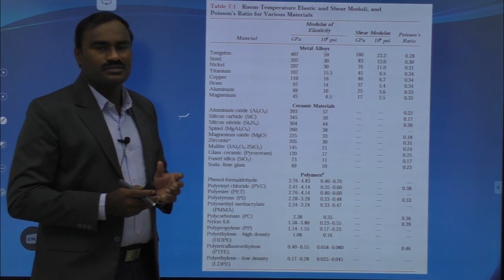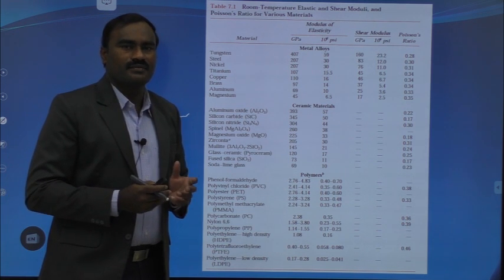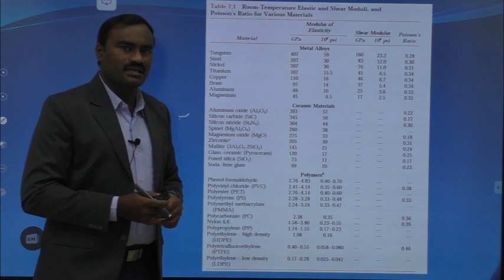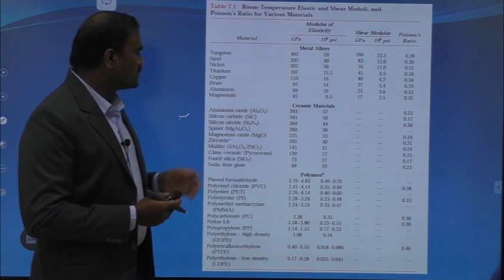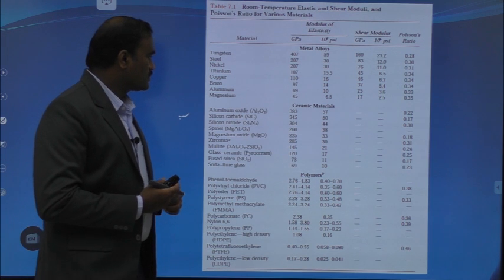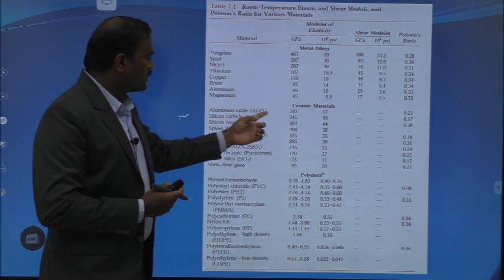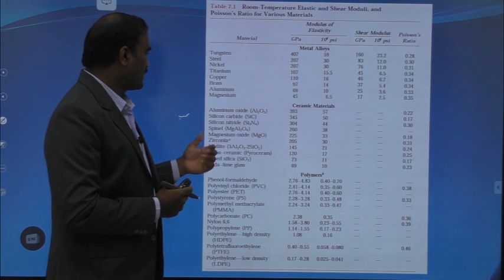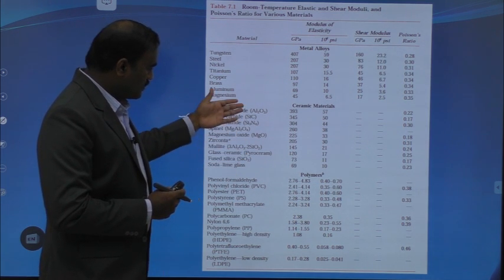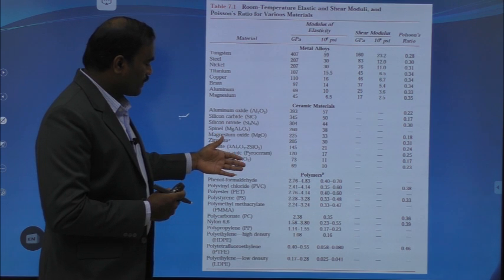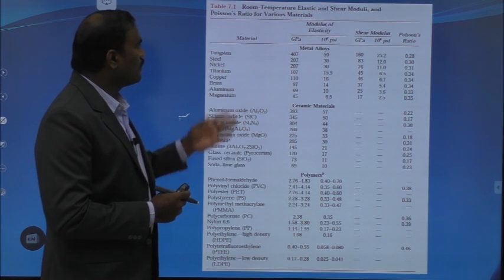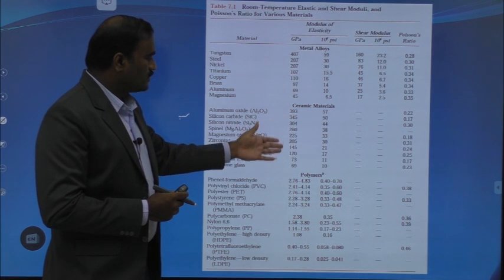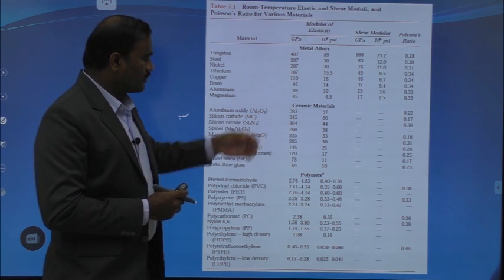Those materials should withstand very high temperatures, around 2000 degrees centigrade, where alumina or zirconium oxide have been used. You can see here aluminum oxide is having 393 gigapascal, then silicon carbide, silicon nitride. Most of the ceramics have Young's modulus approximately beyond 150.